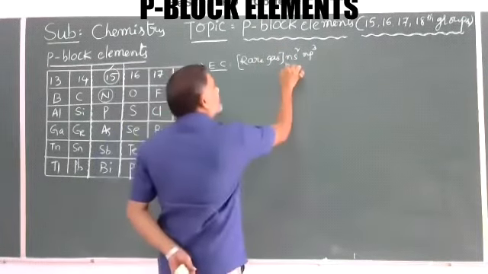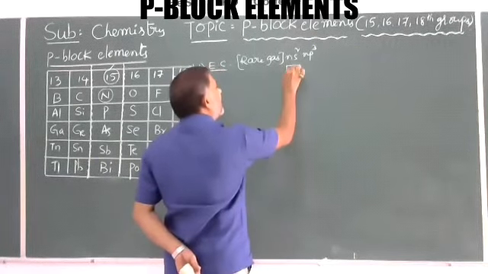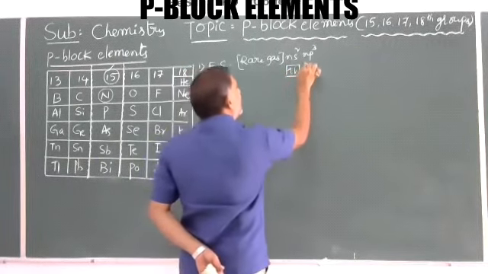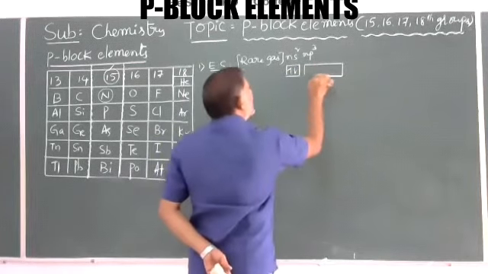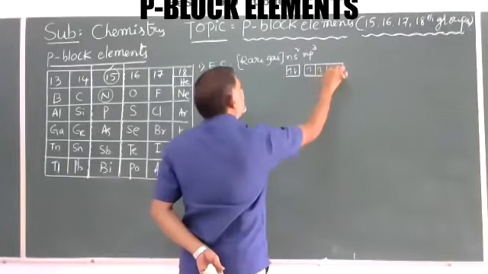In its outermost orbit, 5 valence electrons are there. Here 2 are paired and the remaining 3 are unpaired. That is the 15th group element.